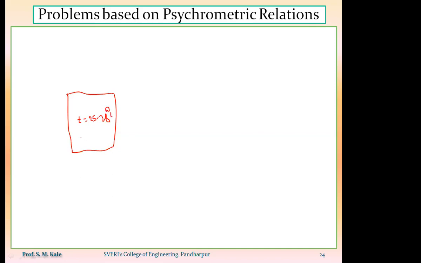And here, suppose the relative humidity which I want to maintain inside this mall is between 50 to 60%. So how can I achieve this desirable internal atmospheric condition?